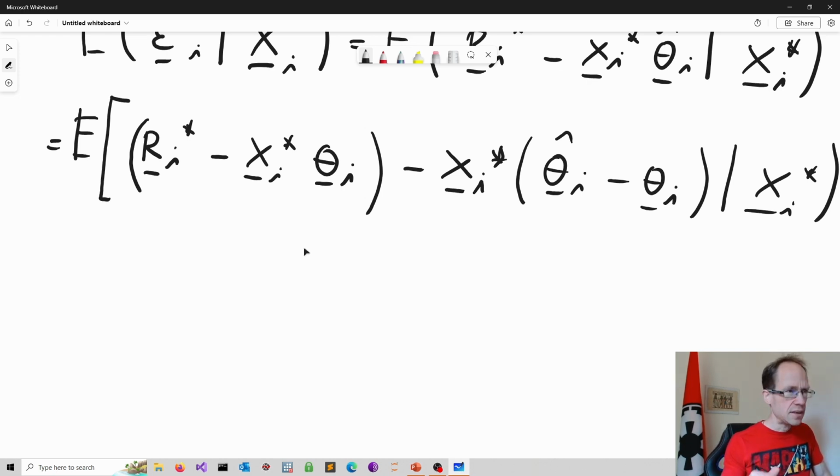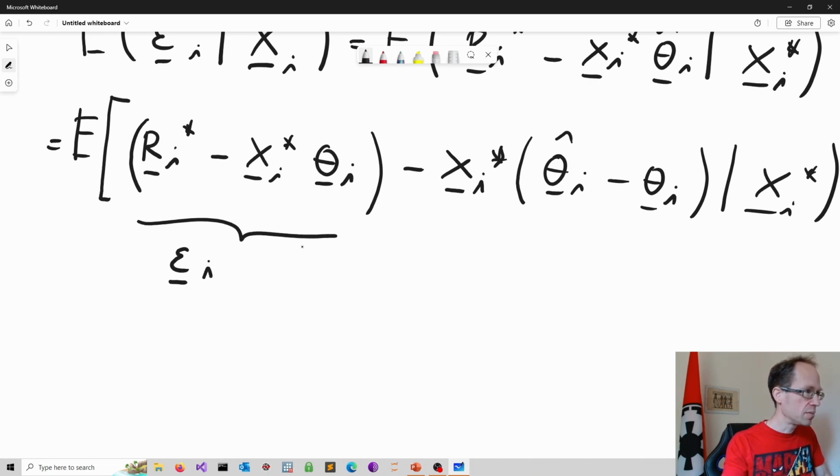So looking at this a bit more carefully, what actually is going on here? This first term actually is an expression for a normal return. So that would refer to epsilon i star, without the hat.